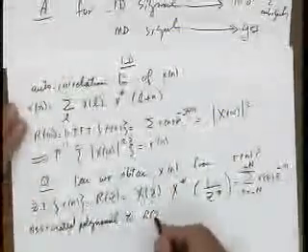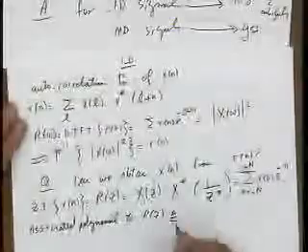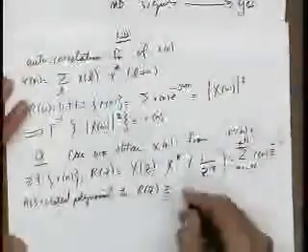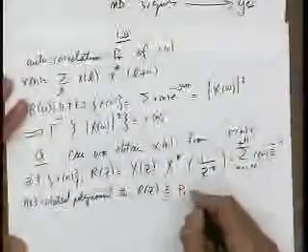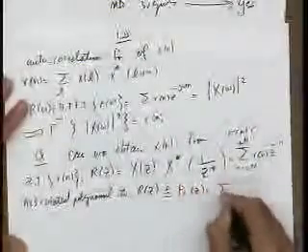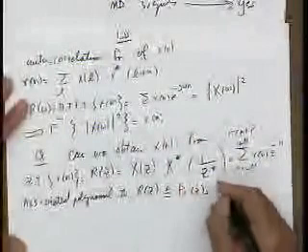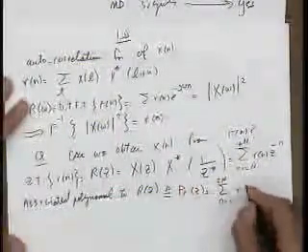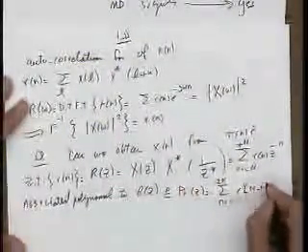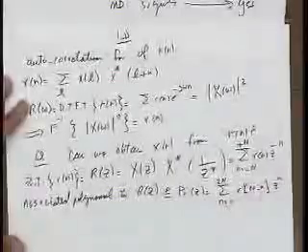Okay, so we're talking about the associated polynomial to R of z, and we define it. I put this little triangle for definition as p sub R of z, which is the summation from n equals 0 to 2N of R of capital N minus little n, z to the n.